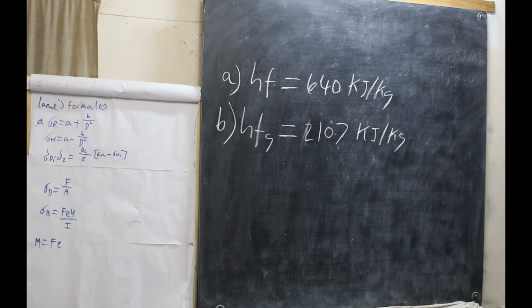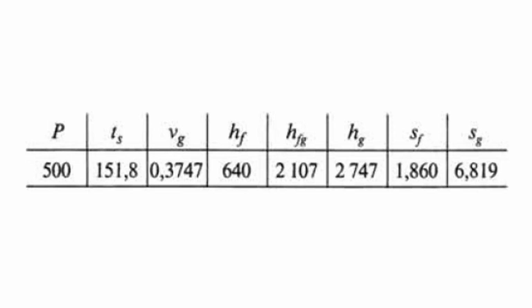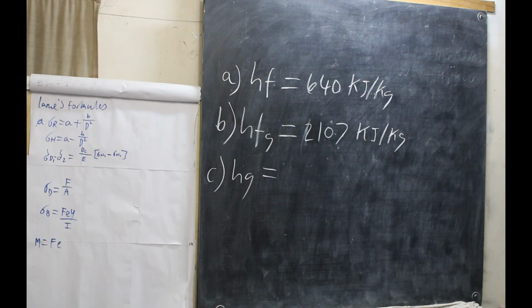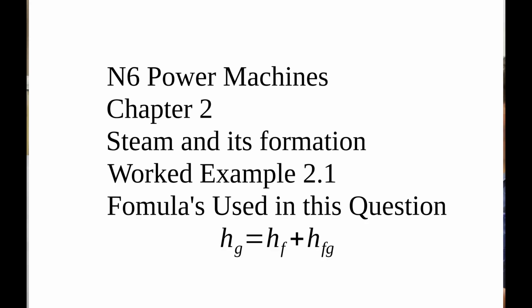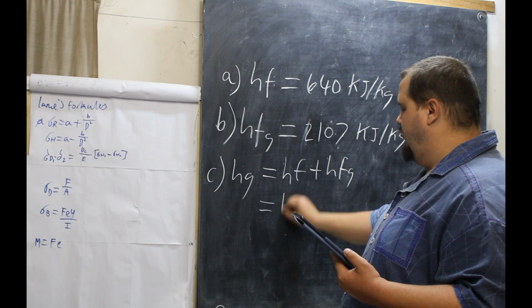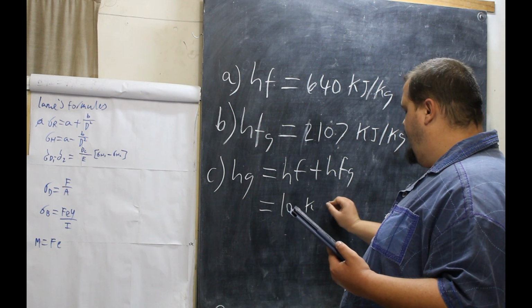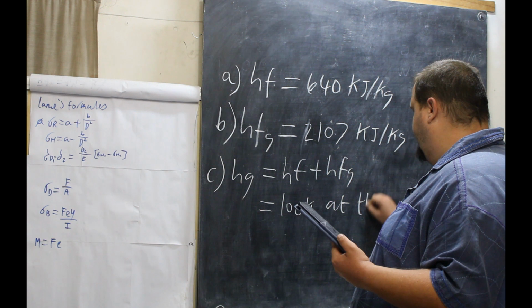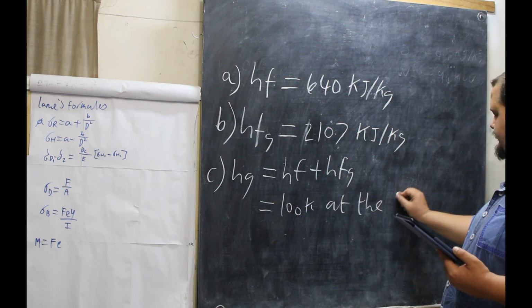And now they want us to find the specific enthalpy of dry steam. So C is Hg. Now Hg can be found in one of 2 ways. One, you can add these two together, HF plus HFG, or you can just look at the steam table.